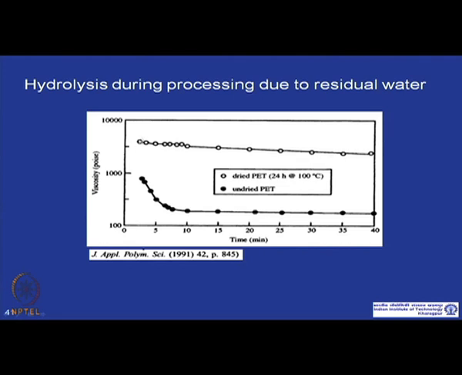So, the molecular weight drop, hence the viscosity drop, is less, whereas if we take an undried PET which has a significant amount of moisture in the sample, then it actually hydrolyzes very soon in that high temperature and high shear condition during processing. As a result, molecular weight drops and viscosity of the sample also drops.